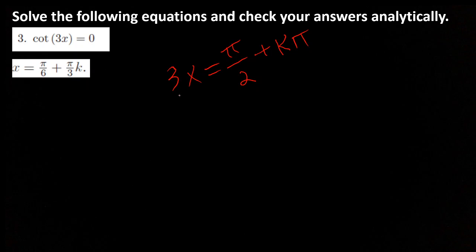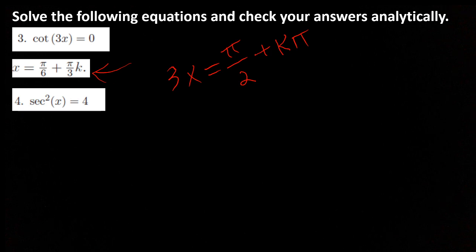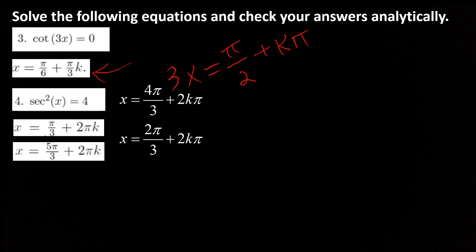Now, since this is 3x, we have to multiply by 1/3, and that's how we get that. That's the answer. Now, secant squared equals 4. So again, we can't deal with secant squared, we can deal with secant. So we could take the square root of both sides.